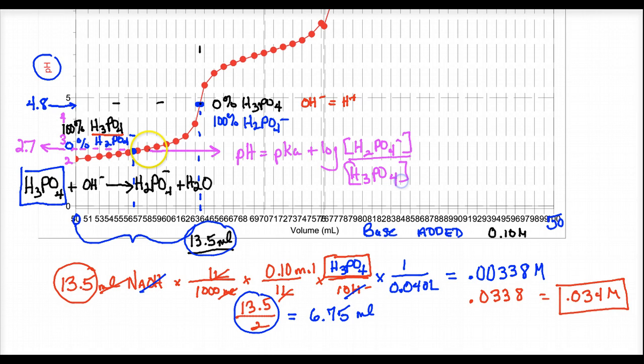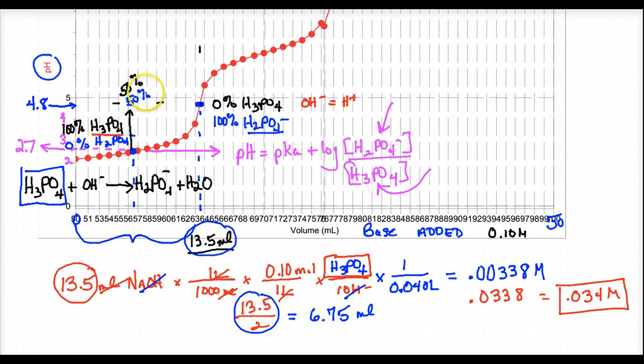And at this position, you have half the amount of base needed, so that would make the same amount of conjugate base formed as acid left over. When you half titrate something, you're going to have 50% H3PO4 and 50% H2PO4 negative. That's what's happening there.